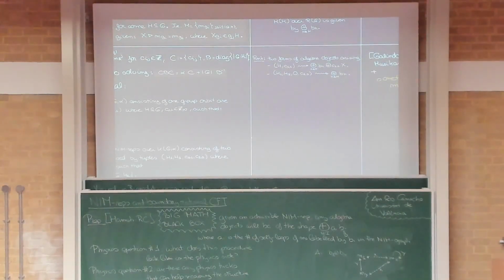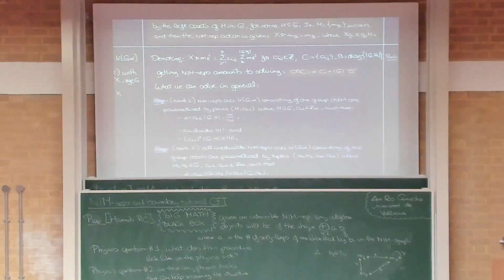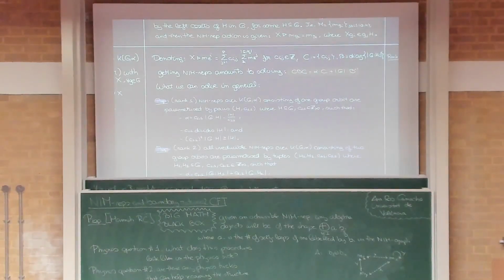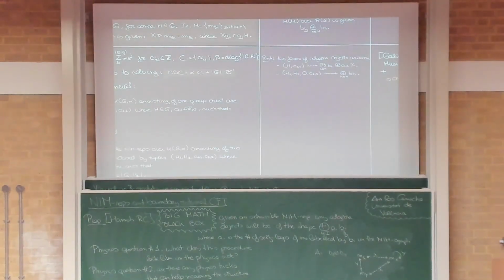Please note that here we're specifying rank 1 and rank 2. In rank 1, this is what you're going to get, and then this is what you get in rank 2.